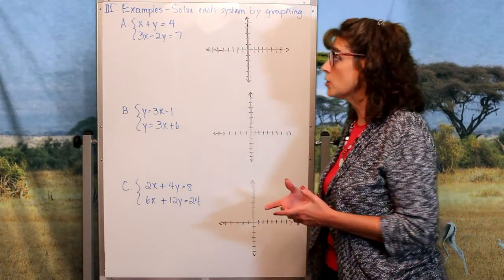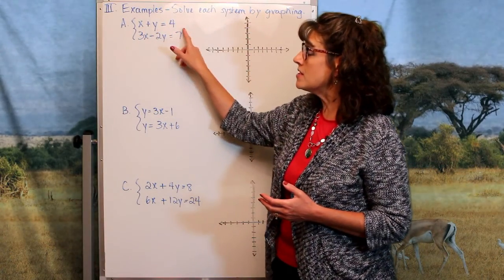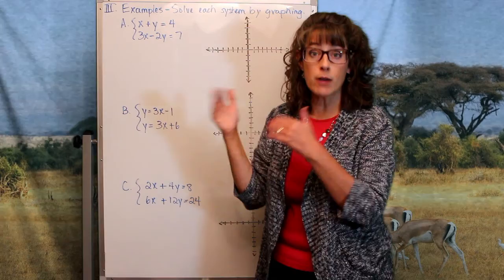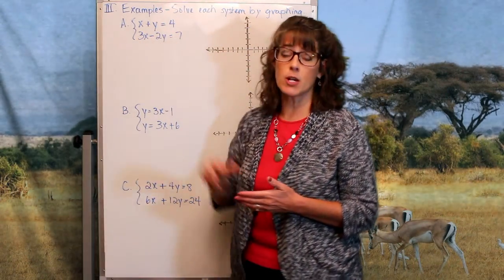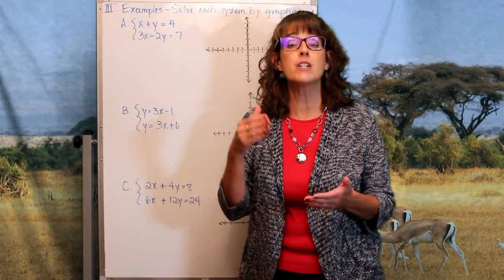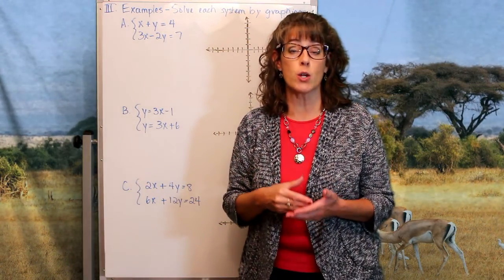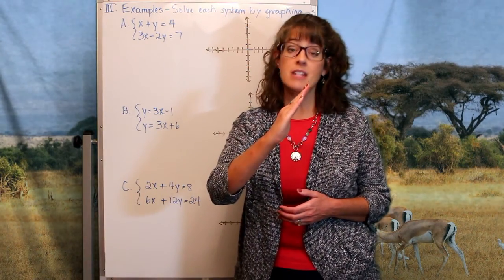Now what you need to understand is, and I've mentioned it before, that whenever I graph the line that represents the equation, that line is a picture representation of every single solution to that equation. Anything off the line is not a solution. Anything on the line is a solution.